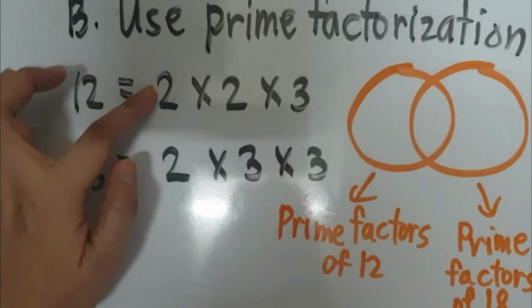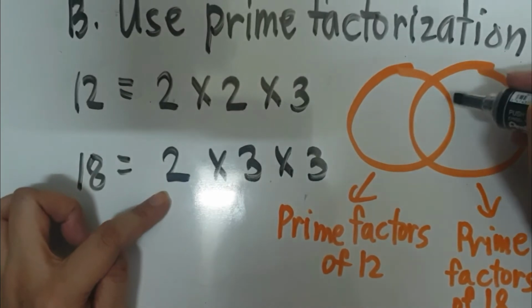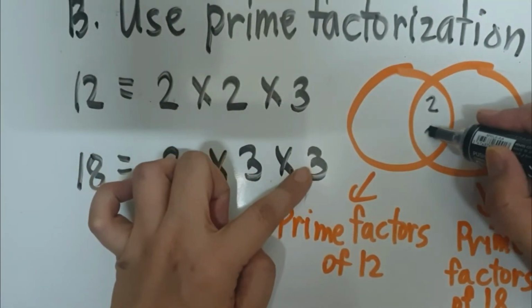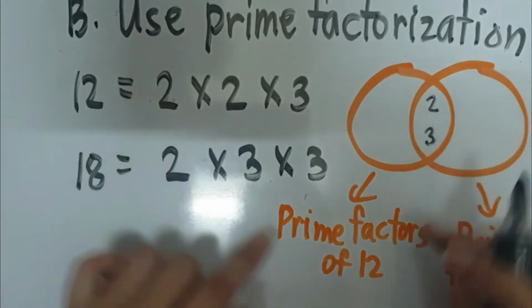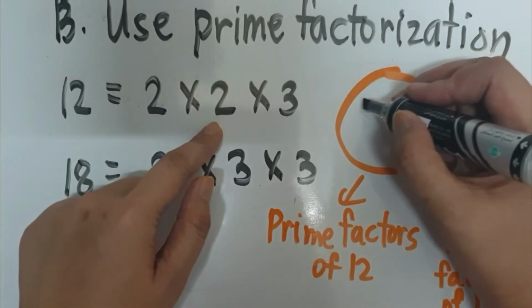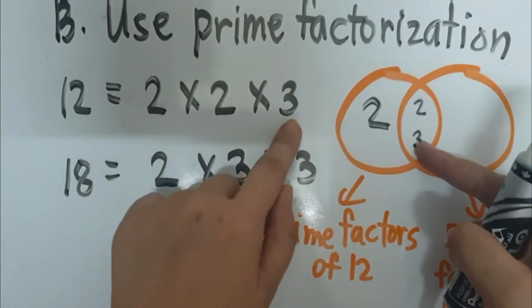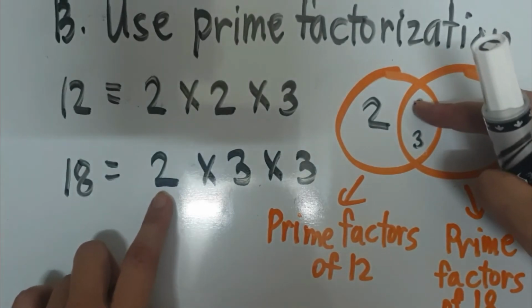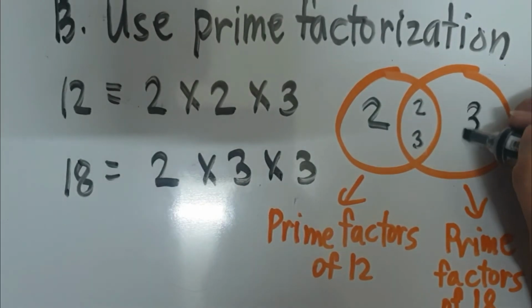As we can see, 2 is common to both, so we will write it in the middle. And 3 is common also, so we will write it. Then for the prime factors of 12, we have 2, and then another 2, and that is the 3. And for the prime factors of 18, we have 2, we have 3, and another 3 here.